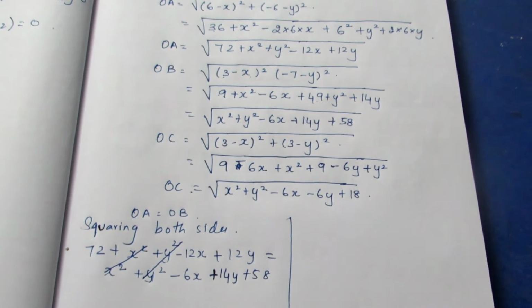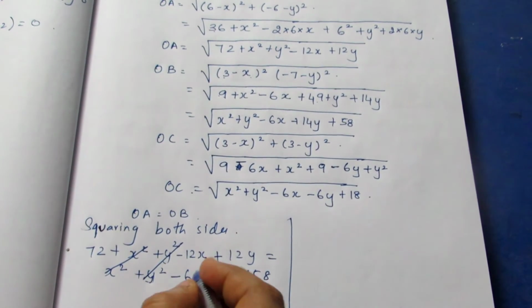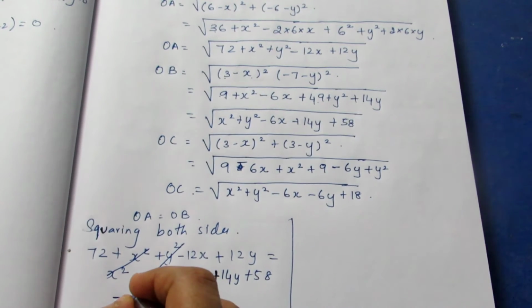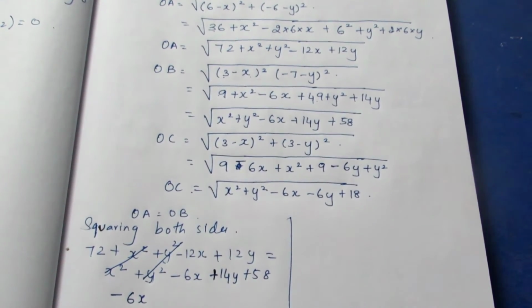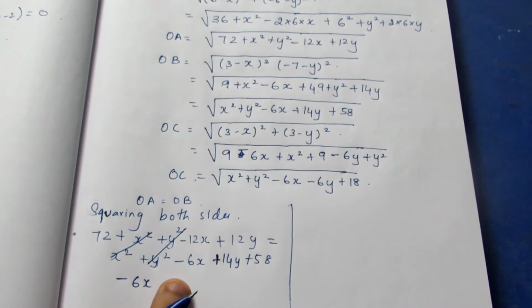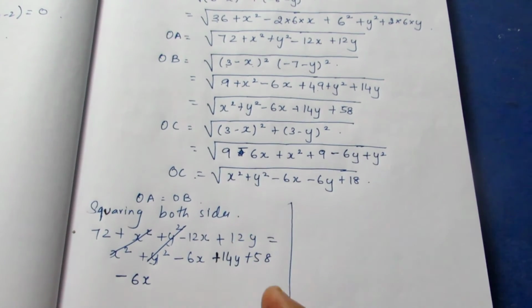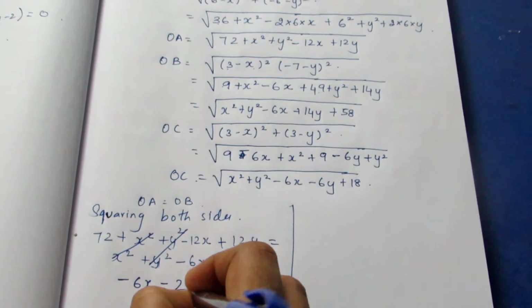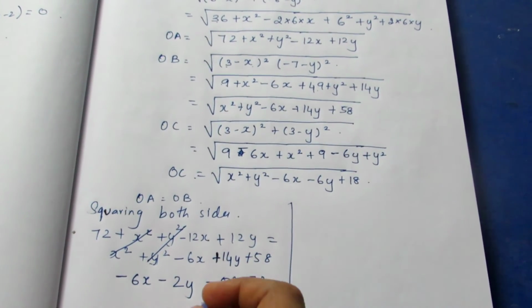Bring everything to one side: the x and y terms on one side and the constant number on the other side. If I bring x to this side, it becomes minus 12x plus 6x, which is minus 6x. Here if I bring 14y to this side, it becomes minus 2y, which is equal to 58 minus 72.